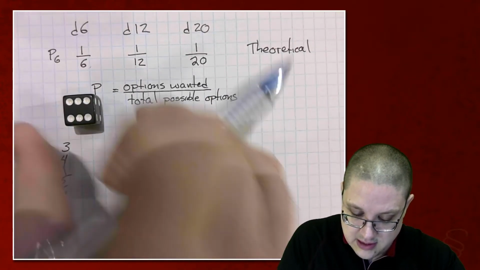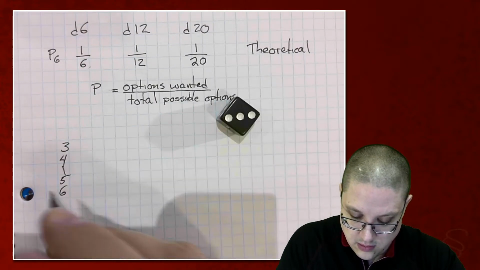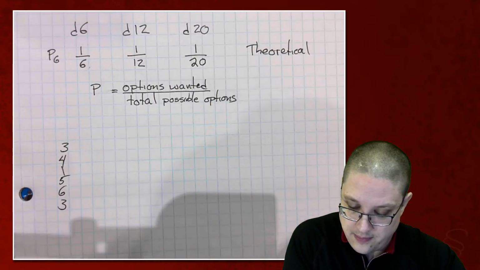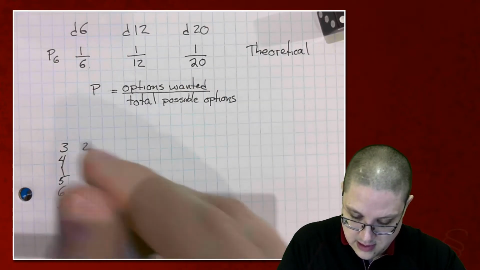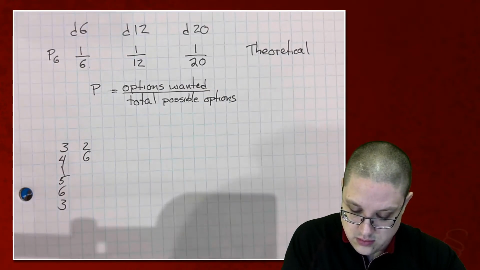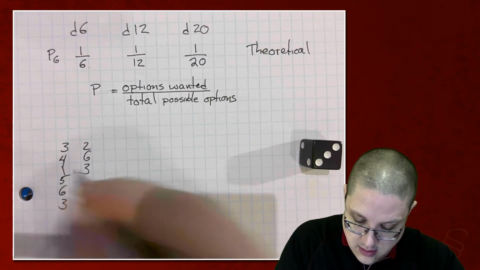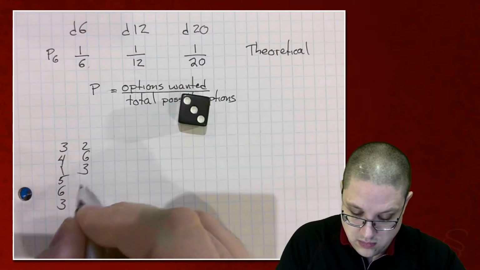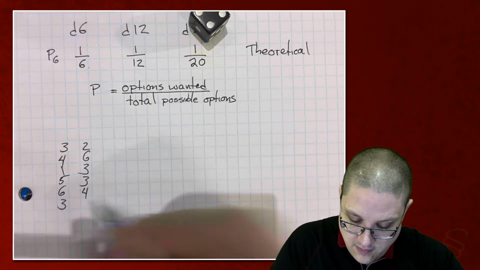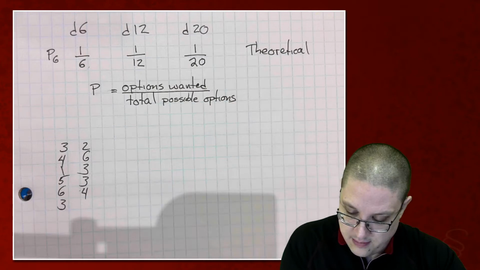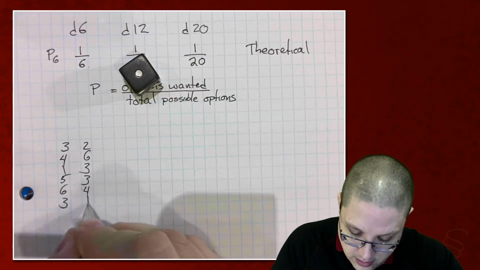Oh, there's a 6. Roll it again. There's a 3. 2. 6. 3. 3. 4, and one last time. I rolled a 1. Okay.